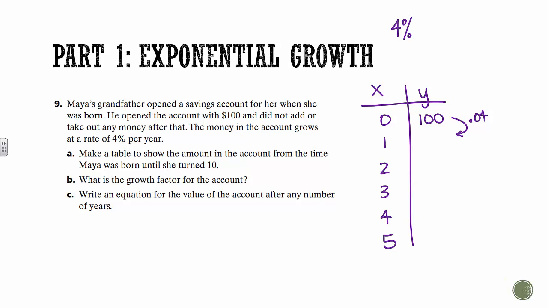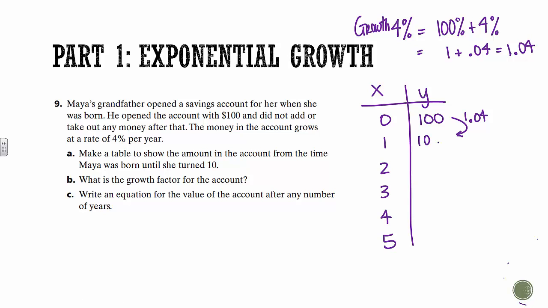A growth of 4% means that you have 100% of what you started with plus 4% more. Or when we put it in our problem, the growth factor means that we start with 1 of what we have, 100%, and then we added 4% more. So our growth factor is 1.04. So that's what we want to multiply by.